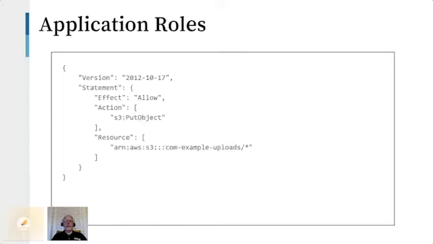So here's an example application role that says allow uploading objects, the S3 put objects, to one S3 bucket. Nothing else. You can upload, you can't download, you can't look, you can't see what's on the bucket, you can't do anything except for this. So if you have a microservice environment and you have some component of your environment that's responsible for handling uploads, it can have this application role and just be able to do uploads.